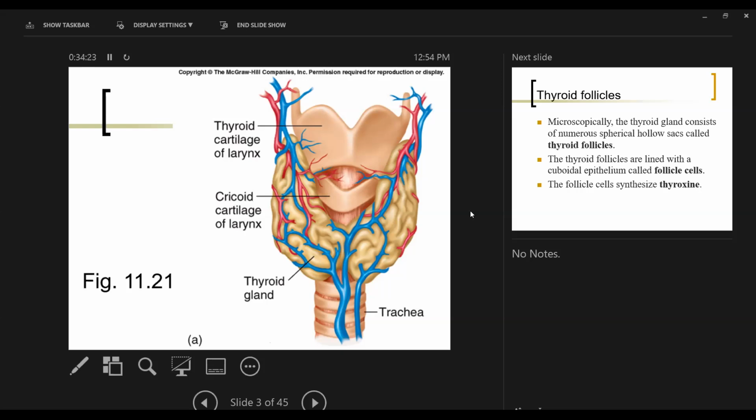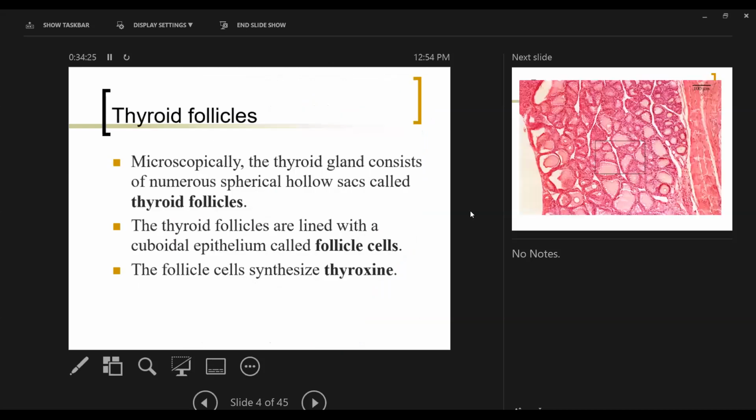So if you take the thyroid and make a little slice of it, you'll discover the thyroid is filled with little spheres of cells. And there's this filigree of connective tissue and other cells in which those spheres are embedded. And these spheres are called thyroid follicles.